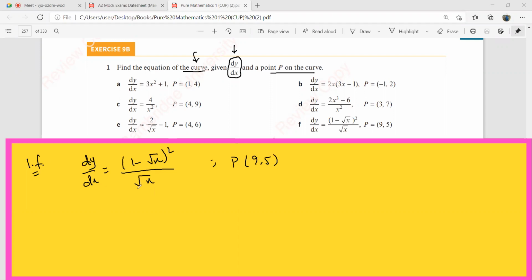Before I go on to integrate it, let me just write this step here. So this was (1 minus under root x) whole square over under root x, and then there is the dx, and you put those integration marks.